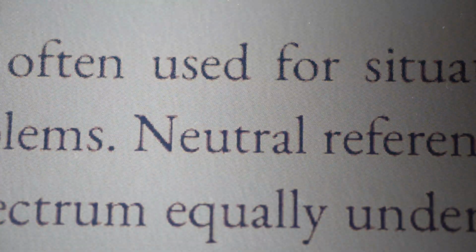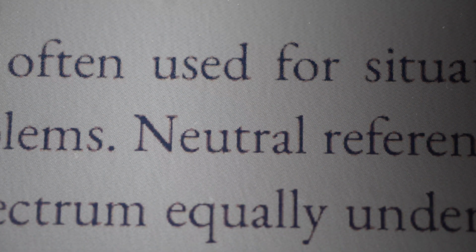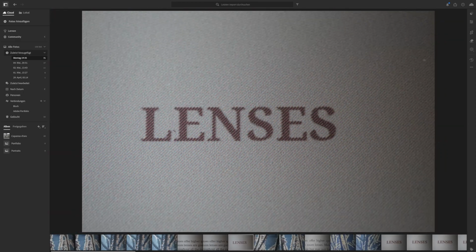And last but not least, because this is still video, but this camera has over 60 megapixel. So if we go now into the real pixel peeping approach, let's take some still photos and compare the close-ups. Okay, so we are here in Lightroom, and I have opened already some of the photos.